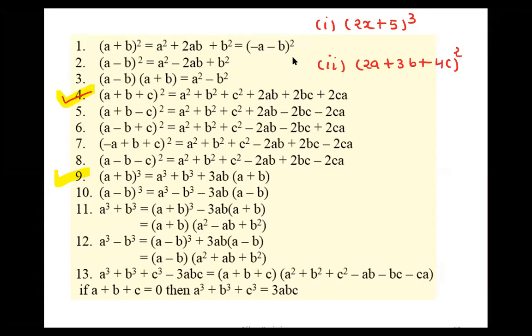And after I give the hint, the negative identities become very easy to remember. So first of all, always remember the identities where the whole sign is positive. These are some identities whose sign is positive.